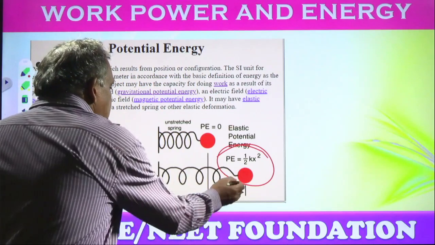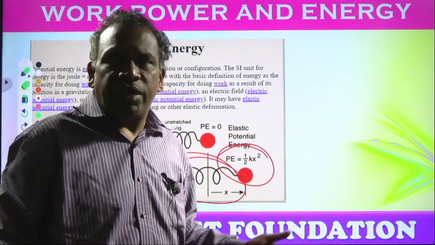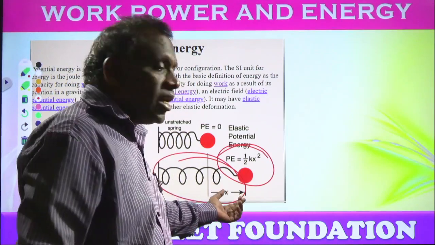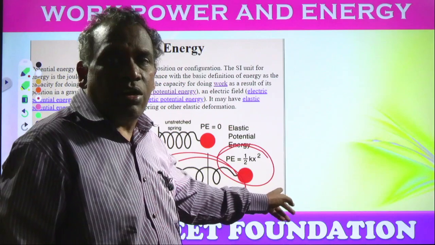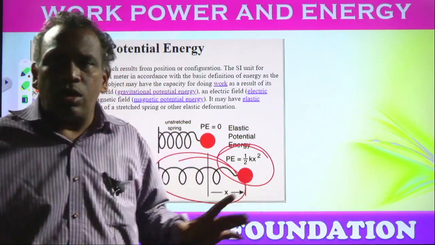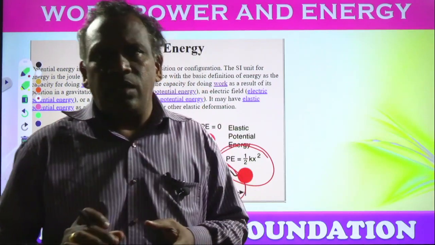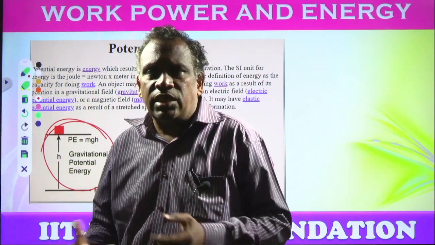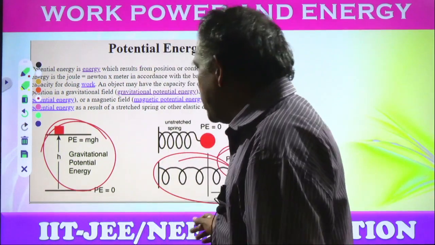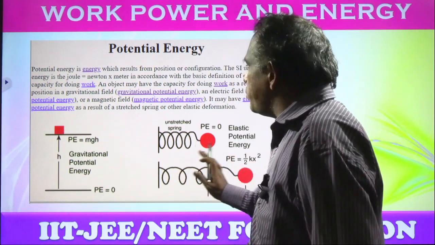But if the spring is stretched by x meters, then the potential energy gained by it is half kx squared. In the initial state the spring is not extended, but in the second state the spring is extended. In that way you can calculate the potential energies.